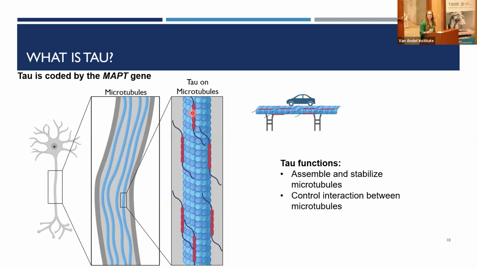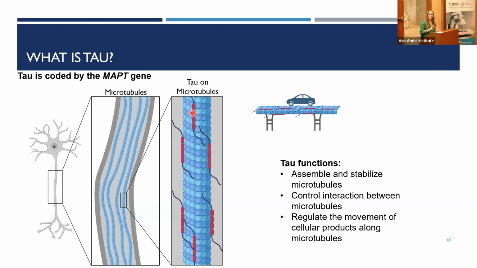They also control how these microtubules interact with each other. So if you think about how roads cross, these microtubules can cross too. And tau really controls that. And it also controls what these vesicles or these vehicles of the cell are moving along from one end to the other as well.